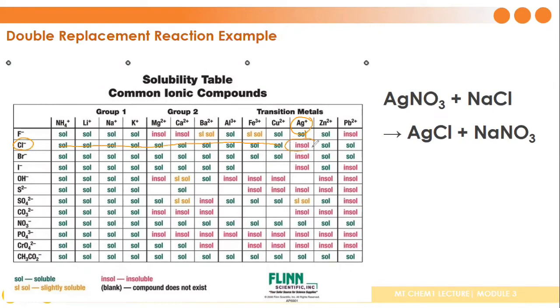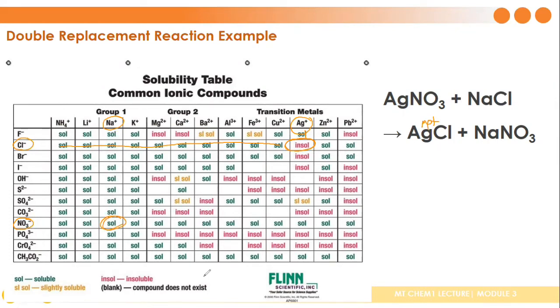As we can see, it's insoluble. So our silver chloride will be our precipitate. How about sodium nitrate? So we have here sodium and the nitrate, and both of these are soluble with each other.